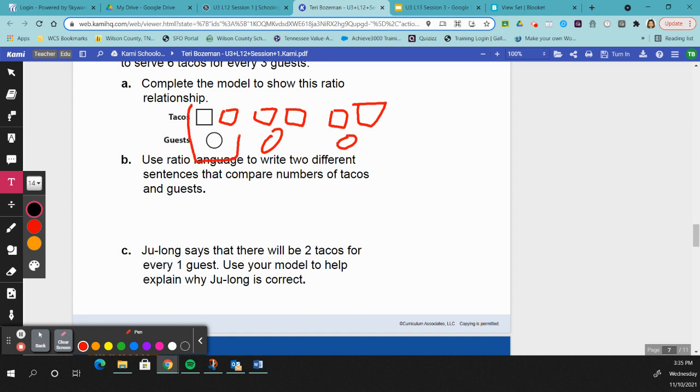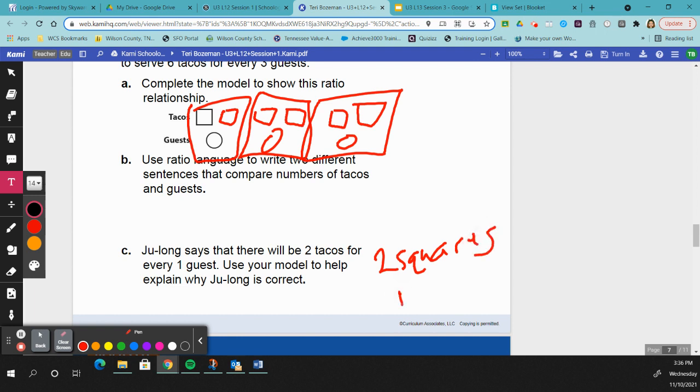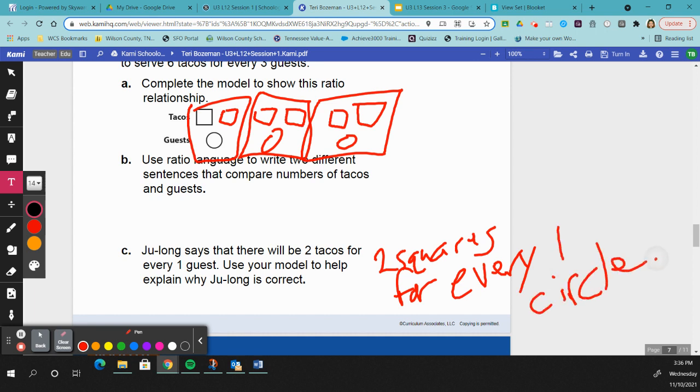Well, in my model, I can see that I can group these into groups so that there are 2 squares for every 1 circle. Or for every circle, you don't have to put the 1 there. So that is how I would use my model to explain that Julong is correct. There would be 2 tacos for every 1 guest.